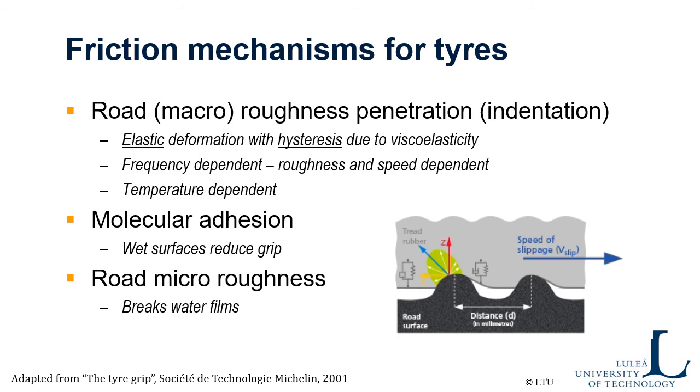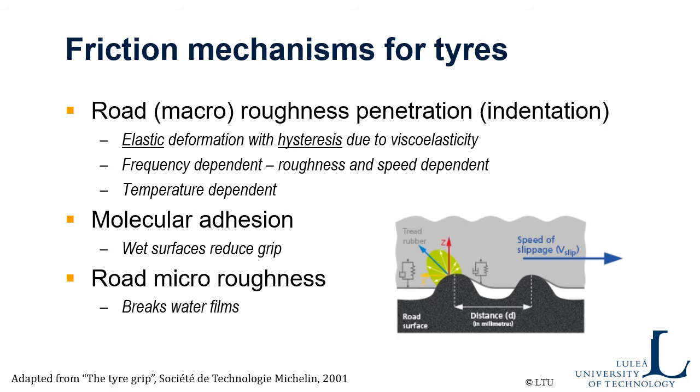So since the deformation and the force or contact pressure doesn't really follow each other, you get an unsymmetrical pressure distribution around the asperities of the road here, and that will give you a friction effect when you start sliding the wheel.